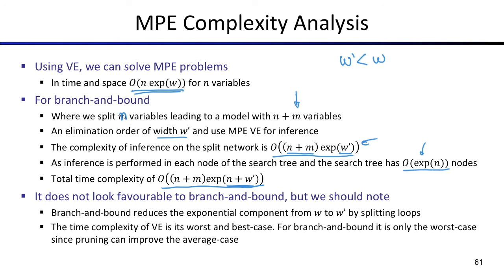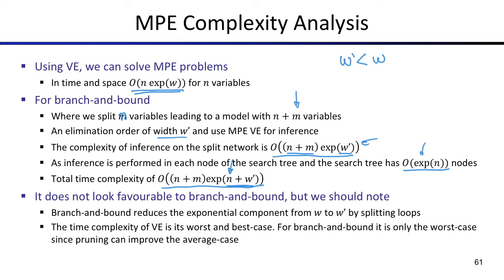But this analysis is a worst case analysis. We expect that the pruning technique will eliminate most of the nodes in the search tree, so this n is going to be much smaller, and we expect W prime to be much smaller as well, because when we split the network, we eliminated the loops.